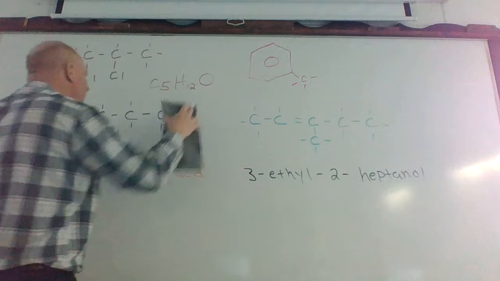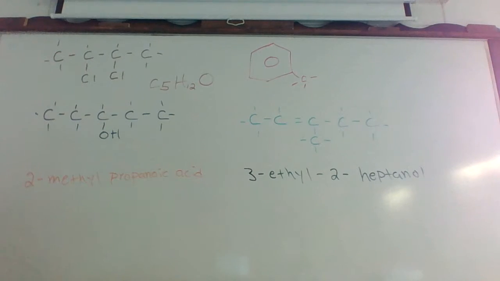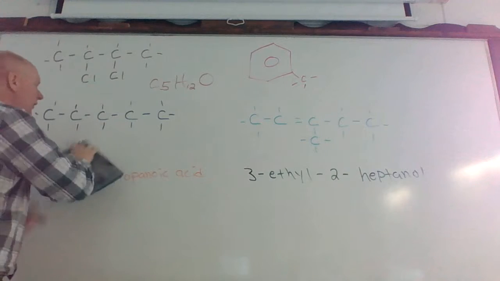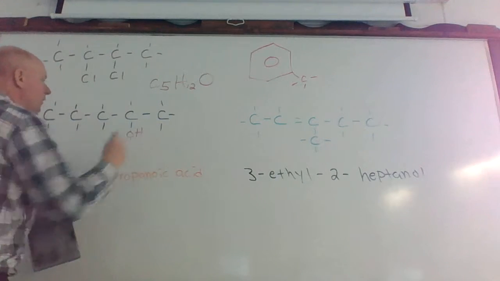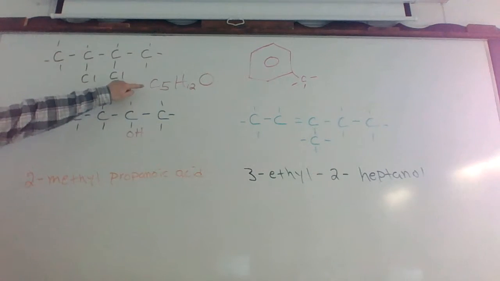So what might an isomer of 3-pentanol be? How about we say 2-pentanol? Have we changed this? Was it the same structure?